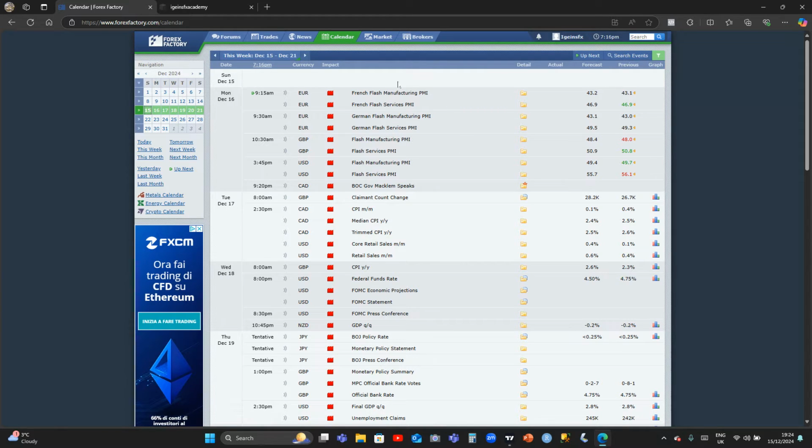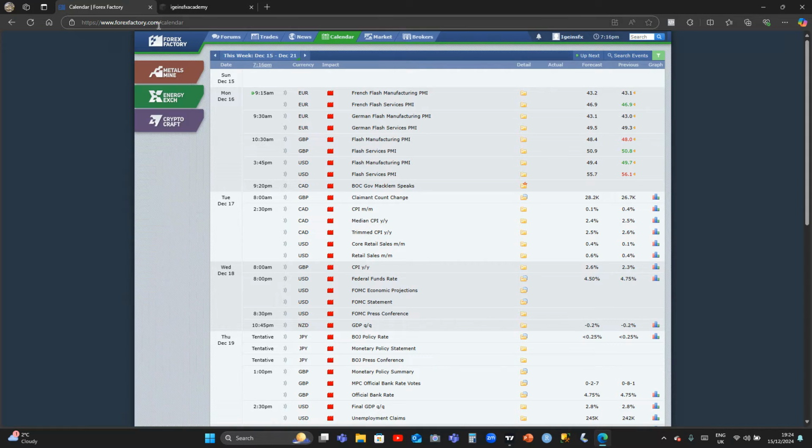So you will use this to treat the fundamental analysis part of forex trading. That is why they have simplified everything for you on this site, Forex Factory.